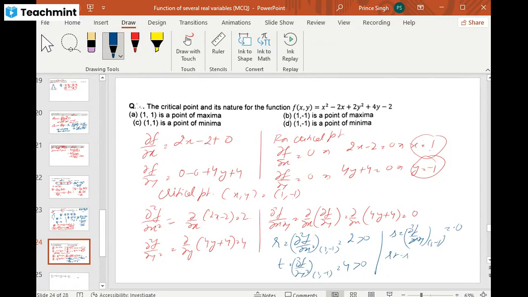What is rt minus s square? 2 into 4 minus 0, 8. So rt minus s square is positive, and r and t are also positive. So this is the condition of minimum. Because the point is (1, minus 1), these two conditions are already ruled out. Because it is a point of minima, the correct answer is option D.